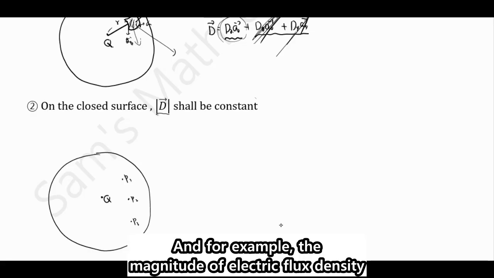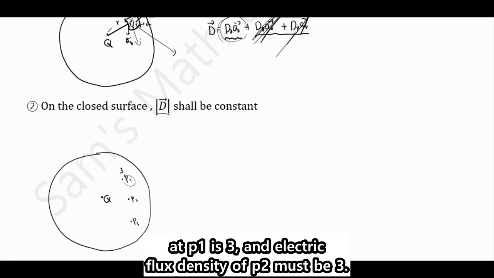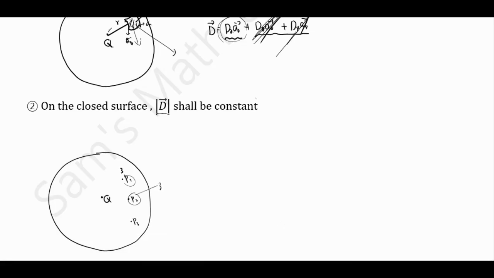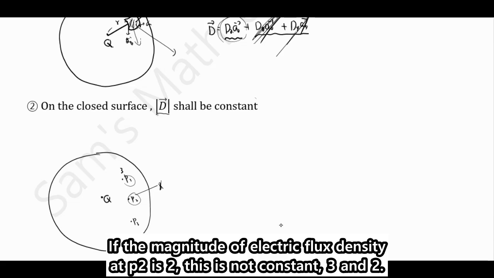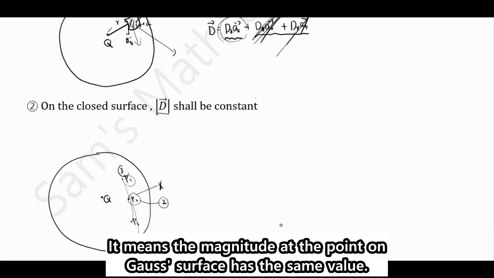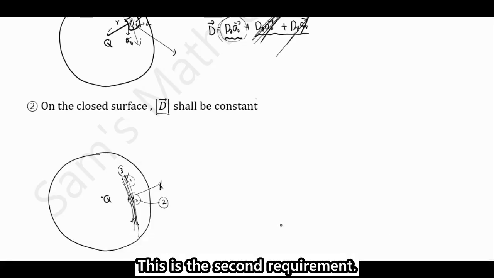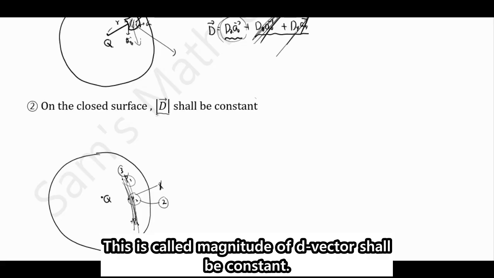For example, if the magnitude of electric flux density at P1 is 3, then the electric flux density at P2 must be 3. If the magnitude at P2 is 2, this is not constant, 3 and 2. It means the magnitude at every point on the Gaussian surface has the same value. This is the second requirement: the magnitude of the D vector shall be constant.